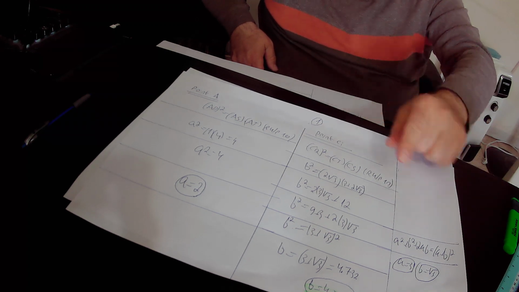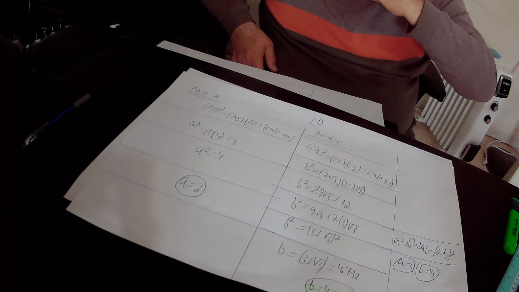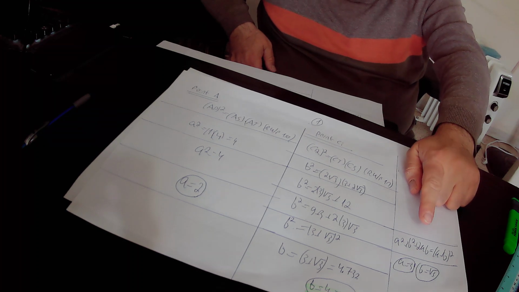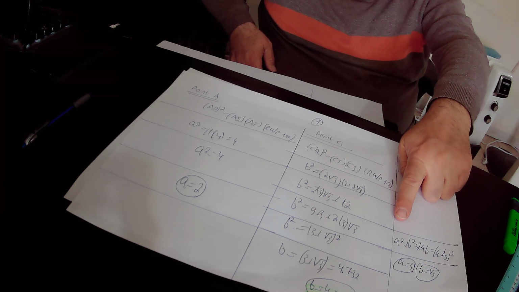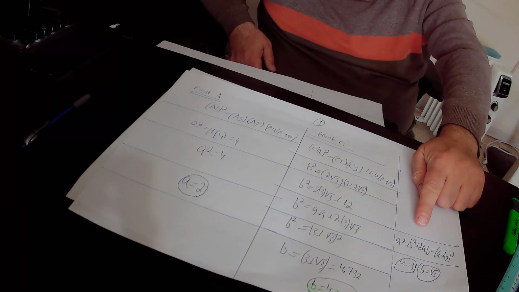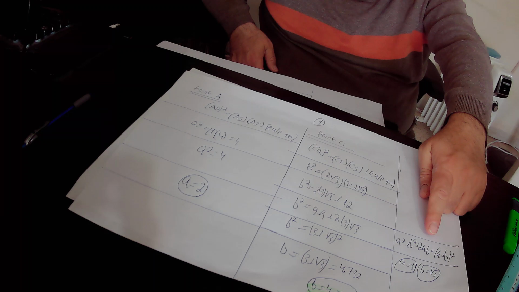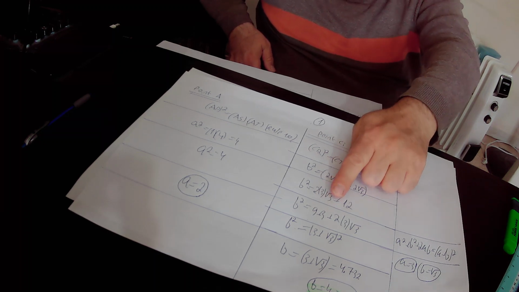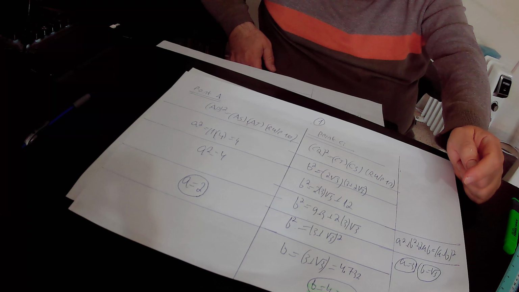If we define a as 3 and b as square root of 3, we get that a is 3, therefore a squared is 9, plus b squared. b is square root of 3, so b squared is 3, plus 2 times a, that is 3, times b, that is square root of 3.